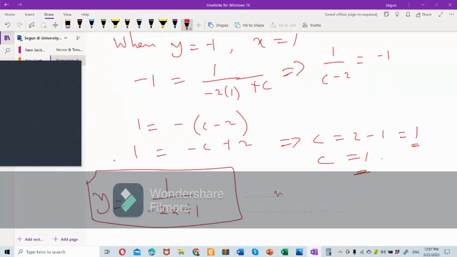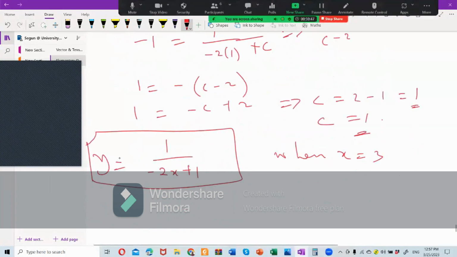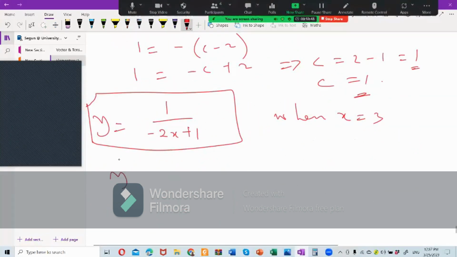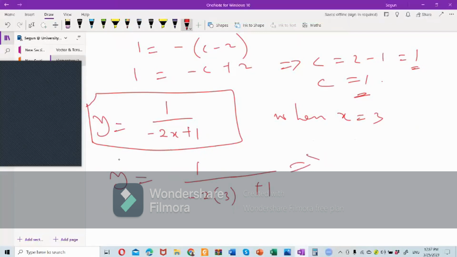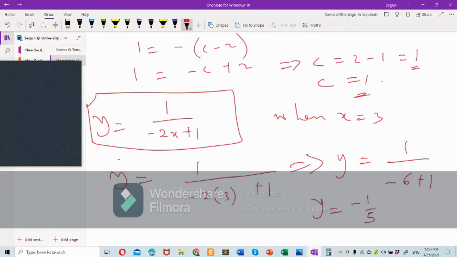So when x equals 3, your y is equal to 1 all over minus 2 into 3 plus 1. So here you have y equals 1 all over minus 6 plus 1. Y is equal to what? Minus 1 over minus 5. Minus 1 over 5.